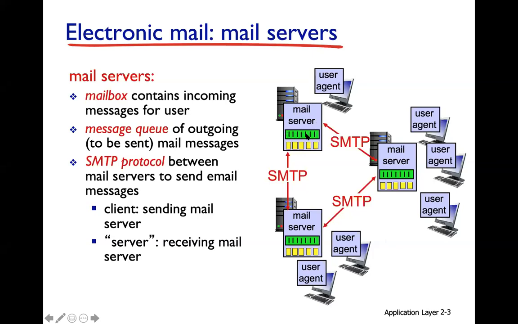Most of the time the mail server connects to many user agents, so when they send out email, it goes to the message queue. It is queued, and based on first come, first served, your mail goes to its destination.